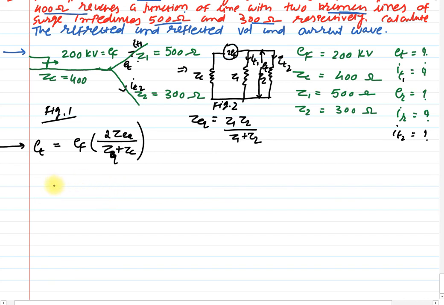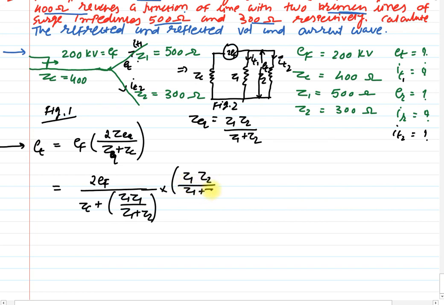And here we have to substitute that value of Z equivalent. Or if you wish, you can write the equation directly: 2EF divided by ZC plus, now instead of Z equivalent, Z1 Z2 divided by Z1 plus Z2, into this Z1 Z2 divided by Z1 plus Z2.